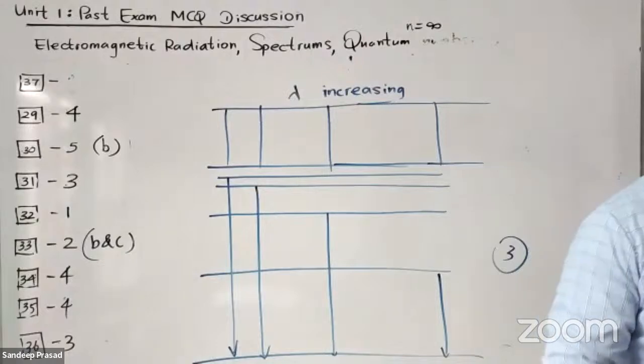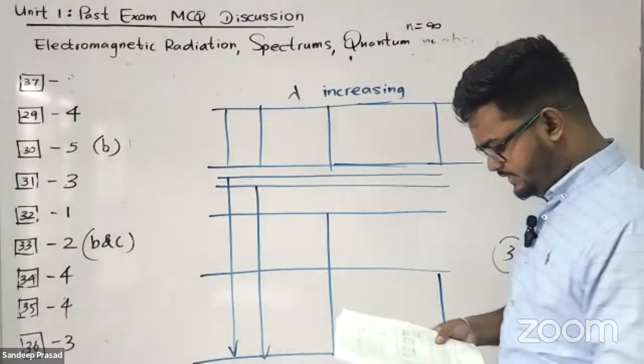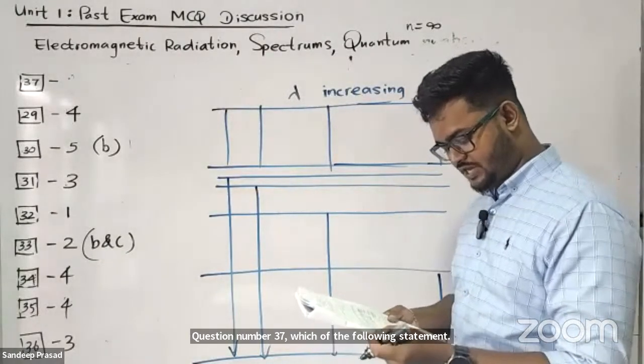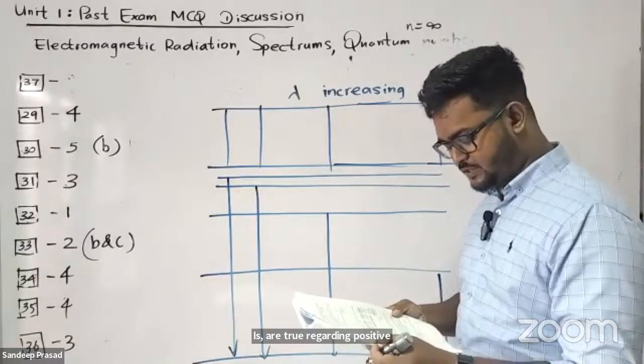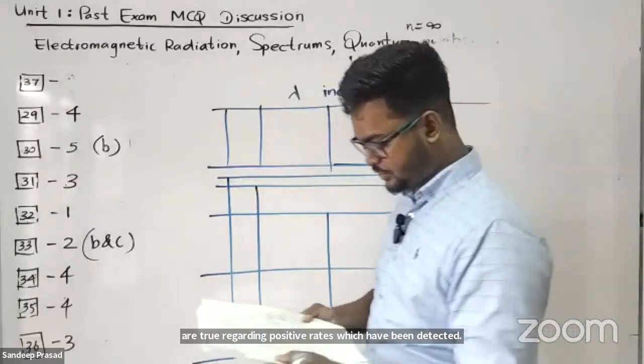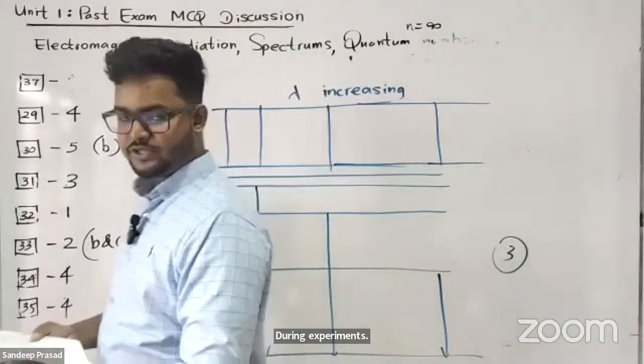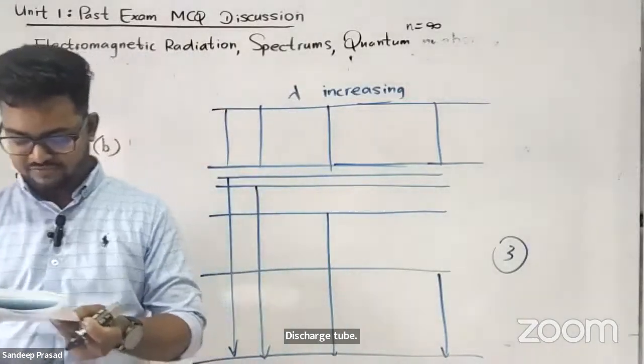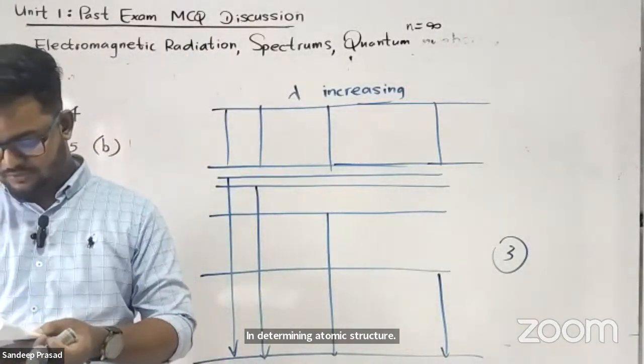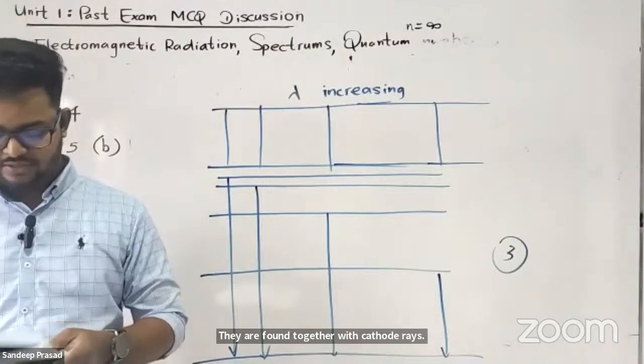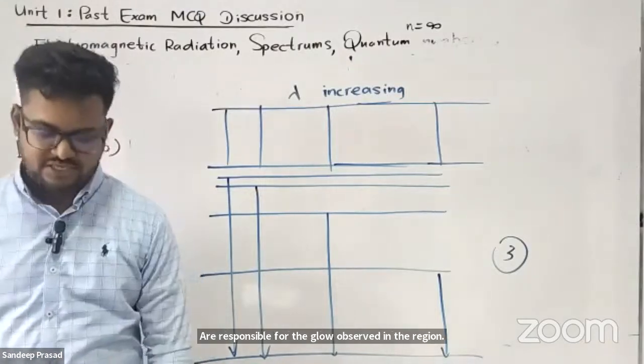Question number 37. Which of the following statements are true regarding positive rays which have been detected during experiments with a discharge tube in determining atomic structure? They are found together with cathode rays and are responsible for the glow observed in the region behind the perforated cathode. Yes, correct.